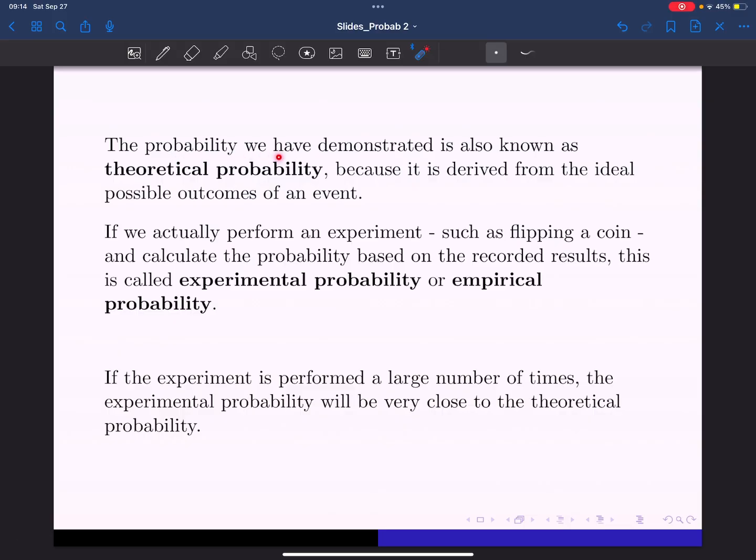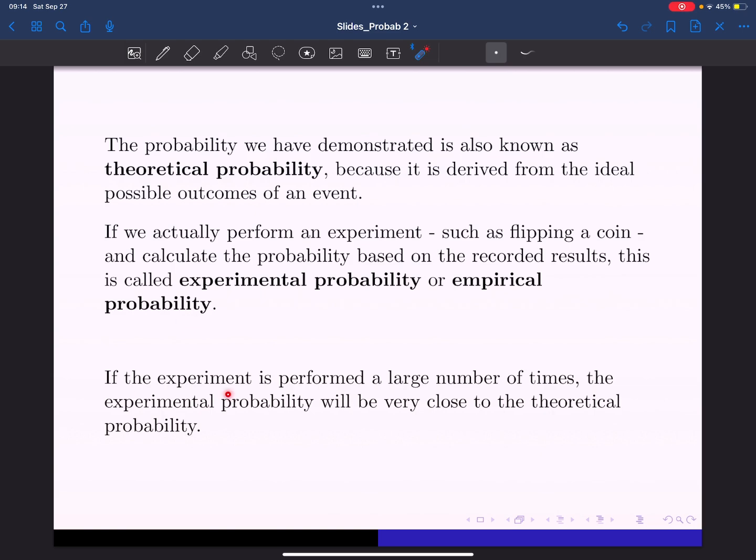Now, the probability we have demonstrated is also known as theoretical probability because it is derived from the ideal possible outcomes of an event. If we actually perform an experiment, such as flipping a coin, and calculate the probability based on the recorded results, this is called experimental probability or empirical probability.